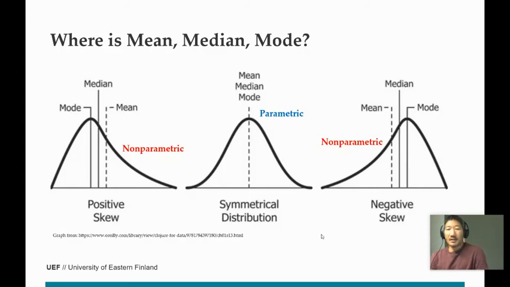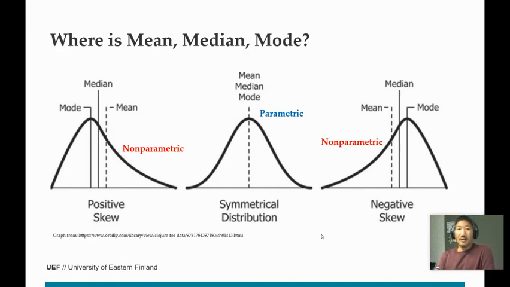When you are reading the textbook, you may see this kind of graph and also read the terms parametric and non-parametric test or parametric statistics. Parametric and non-parametric are ways to analyze the data.